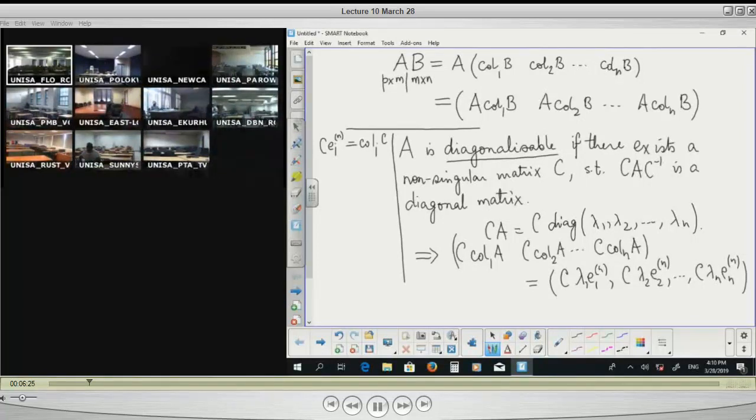So you see, we get over here that C times, so we get lambda 1 times the first column of C, lambda 2 times the first column of C.